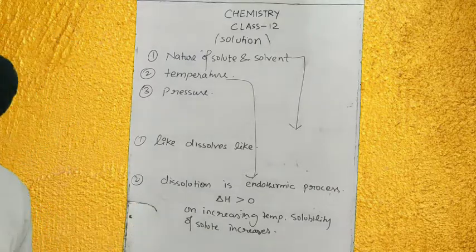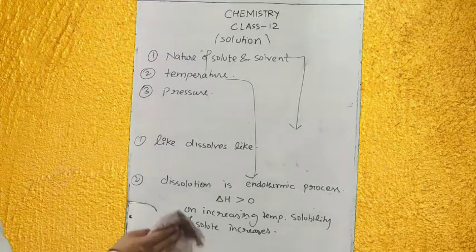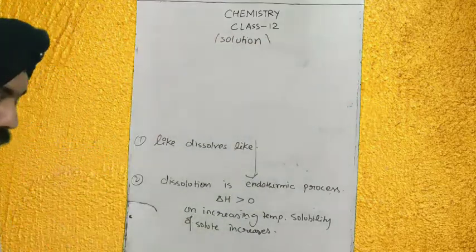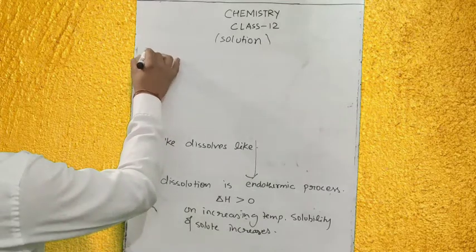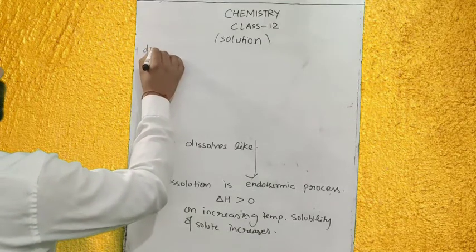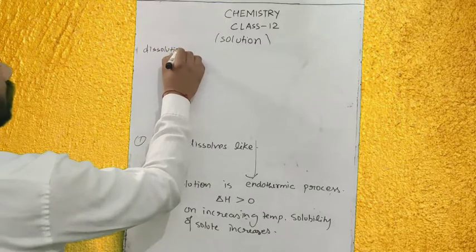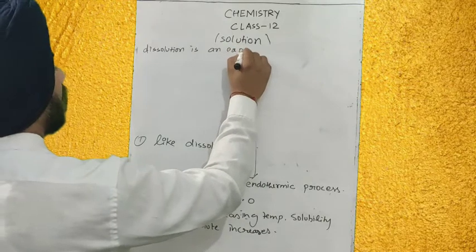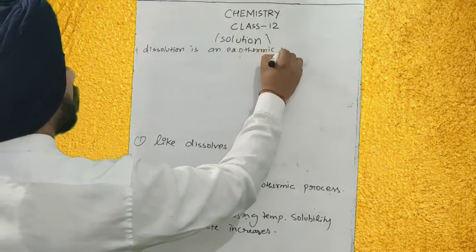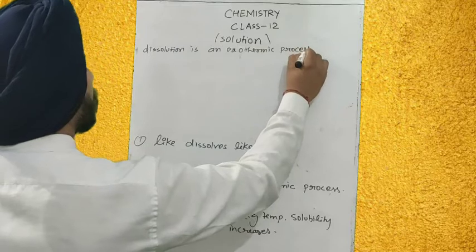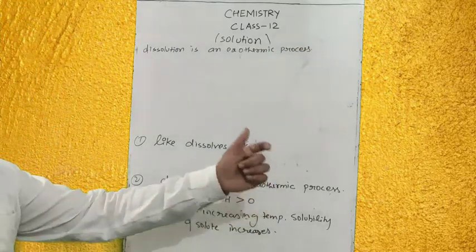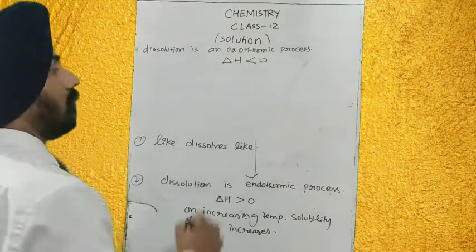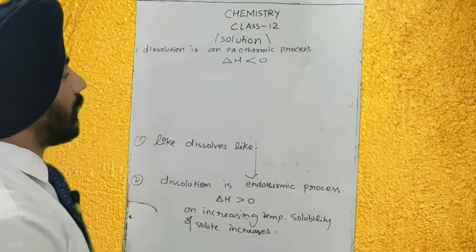Oppositely, if we say that dissolution is an exothermic process, which means delta H is less than 0, that means the change in enthalpy is a negative value.